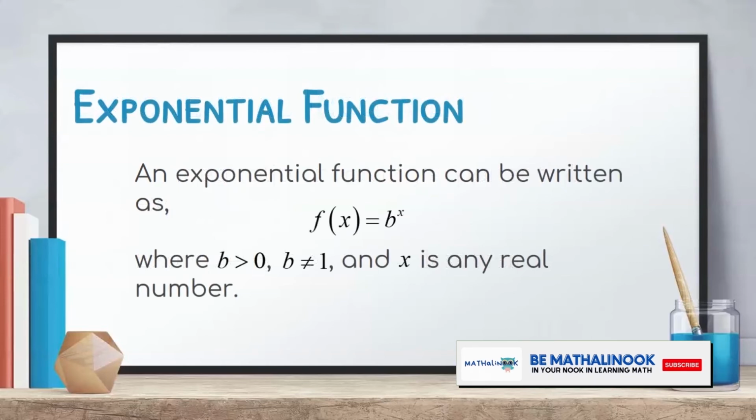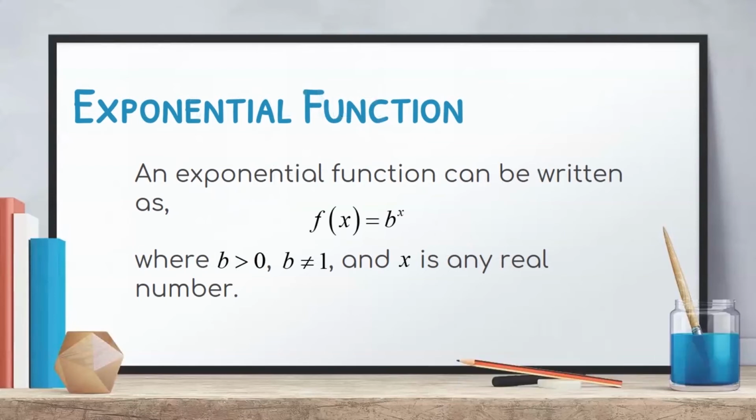Finally, an exponential function can be written as f of x is equal to b raised to x, where b should be greater than 0 and b should not be equal to 1. Also, x is any real number. Therefore, to determine that it is an exponential function, note the exponential expression and an f of x or y.